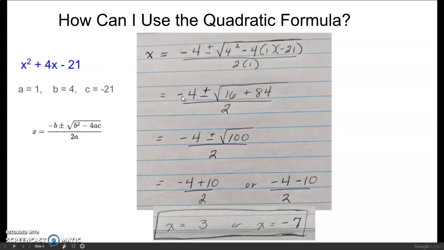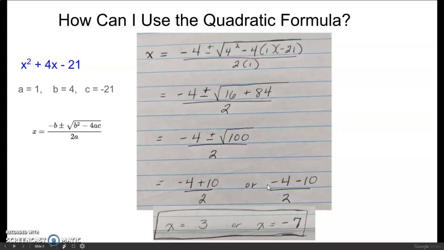So then I have when x is 0, when y is 0, x is going to equal negative 4 plus or minus the square root of 16 plus 84. So when I multiply that out, that's positive 84, all divided by 2. All right, well, nice thing, this ends up being 100, so that's sweet. All right, so then I've got negative 4 plus or minus the square root of 100, all divided by 2.